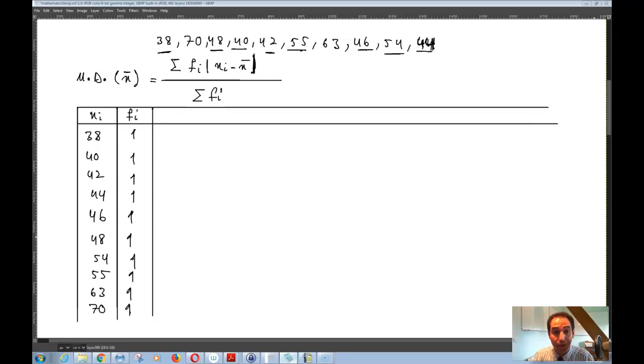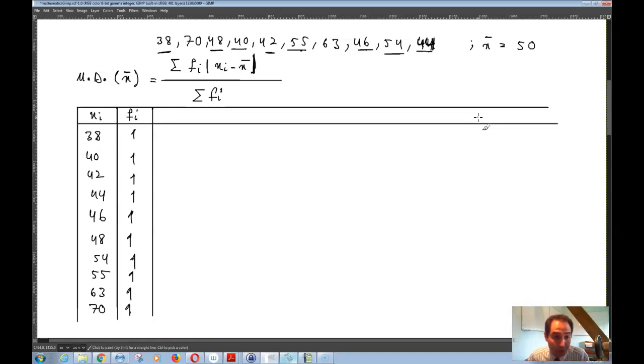For example, 38 plus 70 plus 48 plus 40 plus 42 plus 55 plus 63 plus 46 plus 54 plus 44 is equal to 500. And the number of these observations is 10. So 500 divided by 10 is equal to 50. So that means that your x bar is equal to 50.